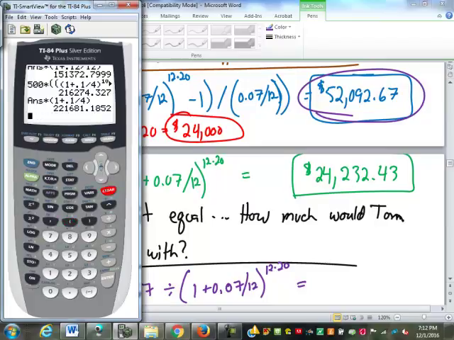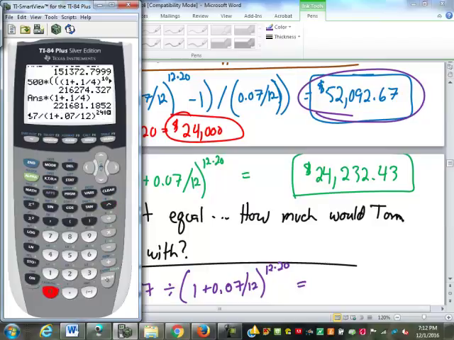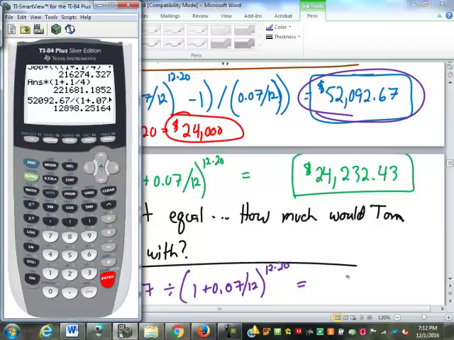Maybe we gotta clear that out first. Gives us 12,898.25.